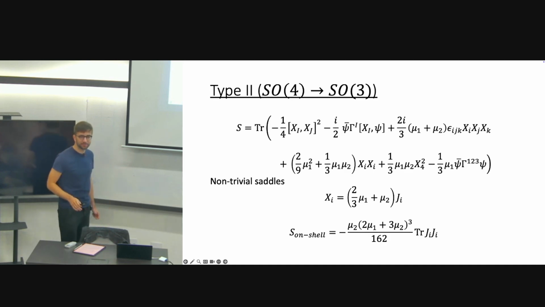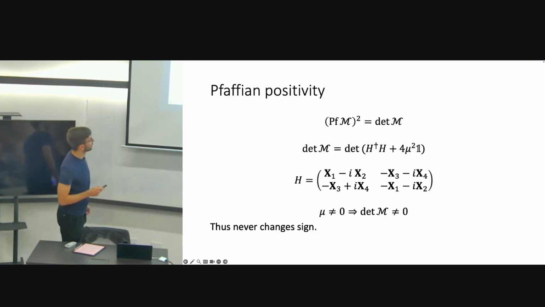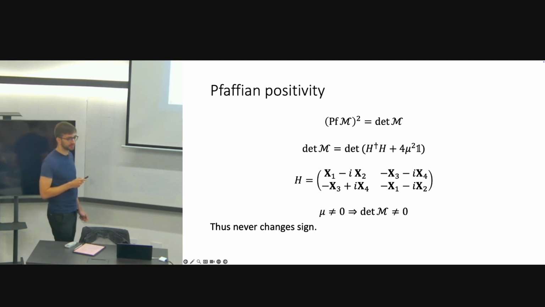Any question here? So you showed that the determinant doesn't change sign? Yes. From that to the Pfaffian? Sorry, I said that the determinant never crosses zero. It's never vanishing, supposing mu is non-zero. If mu is zero, I can also show that the Pfaffian of the original IKKT model is positive, and we will see the proof afterwards. So you have one point where it's positive and then it crosses? Yes.